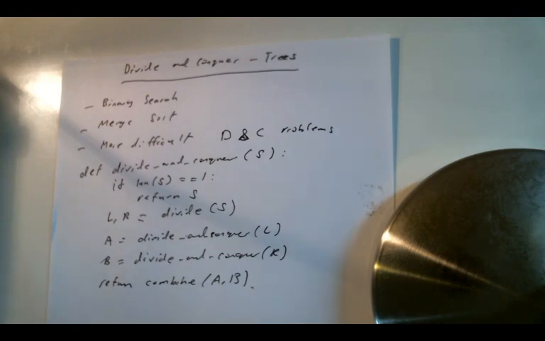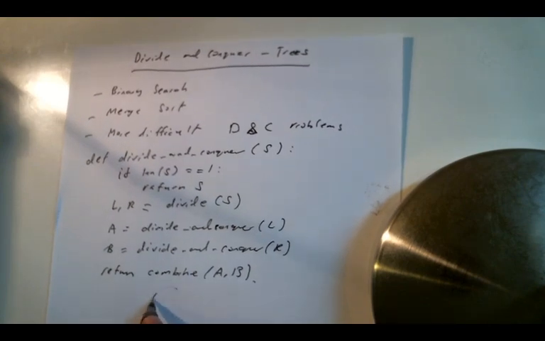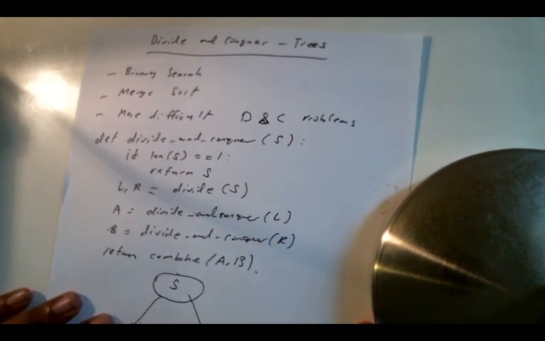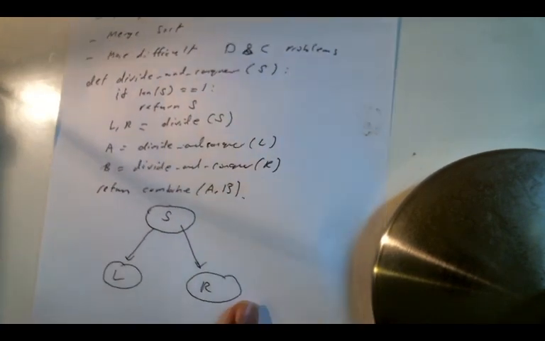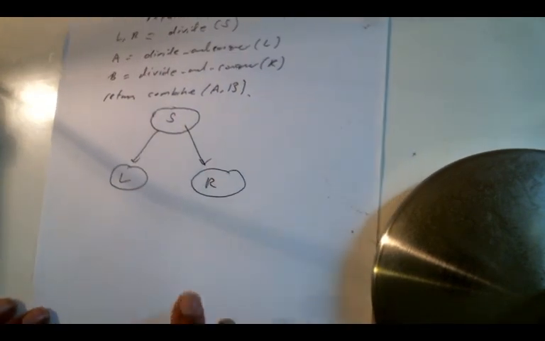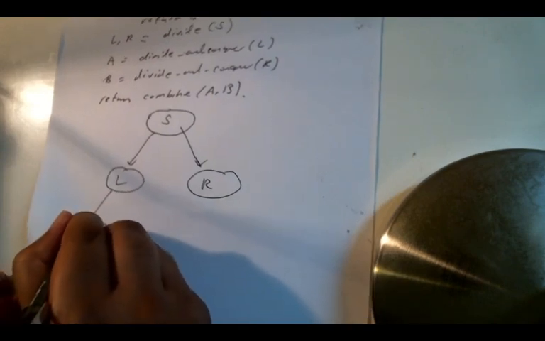So when we think about this function, what we're doing is we have some problem like this, S, and we divide it into two subproblems. Let's say this is L, let's say this is R. And we keep doing this. Let me put my paper up. There we go, there's L and R. And we keep subdividing L and R like this.